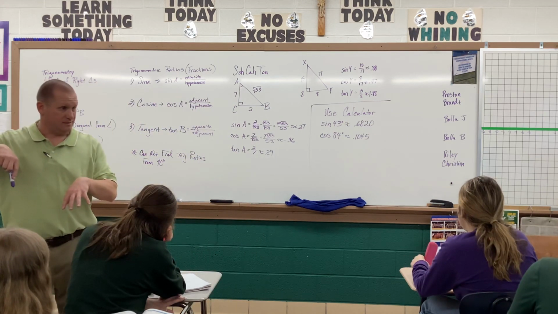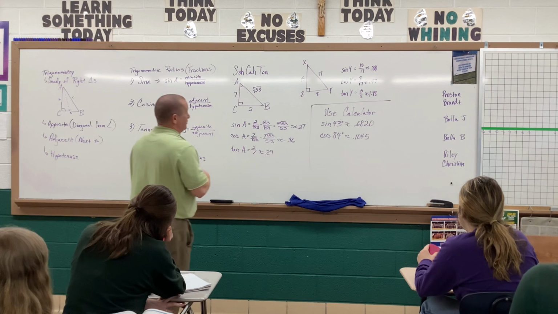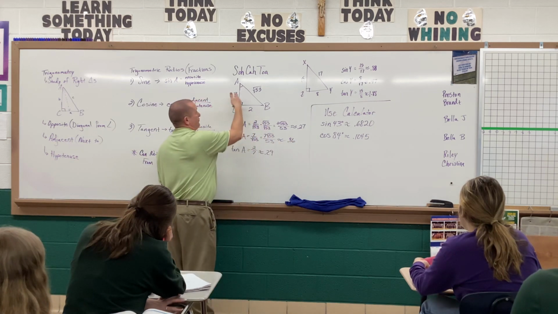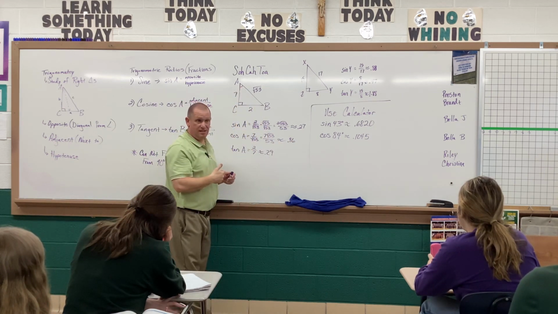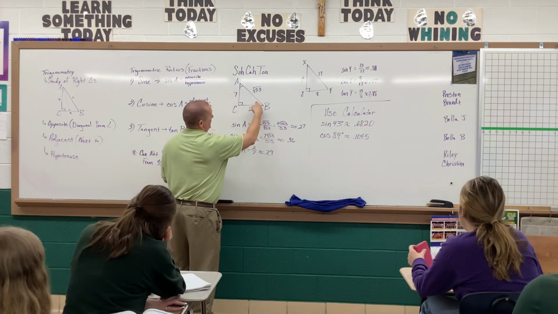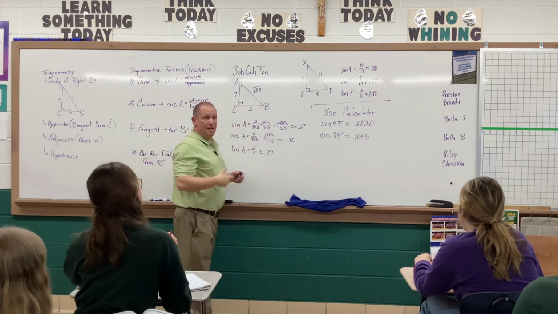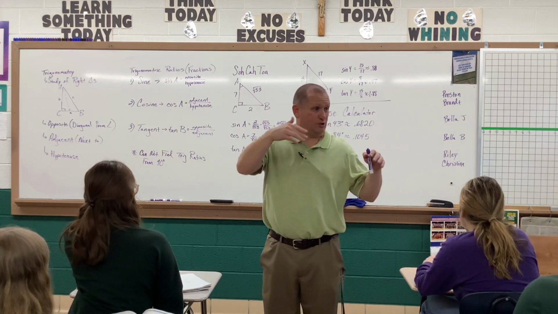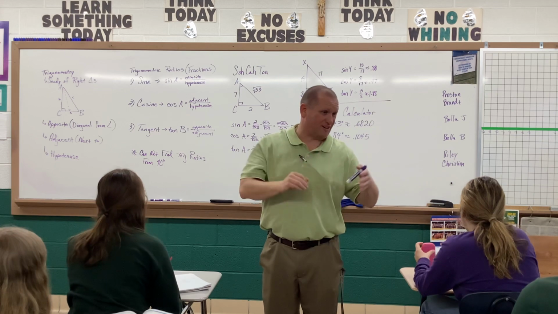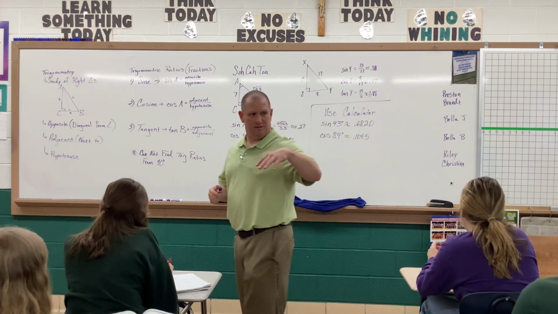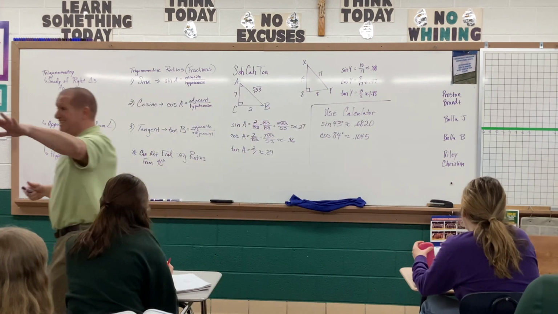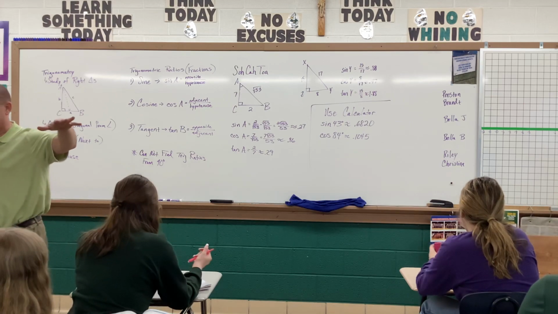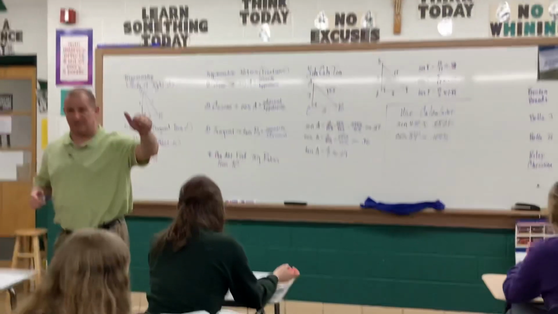A 43 could have been the B angle if it fit with those sides. Instead of saying these sides, they could have just put 43 right here. You could try to figure out the sides by figuring out the fraction, but that's really hard. Essentially it's the exact same thing. Does that make sense?